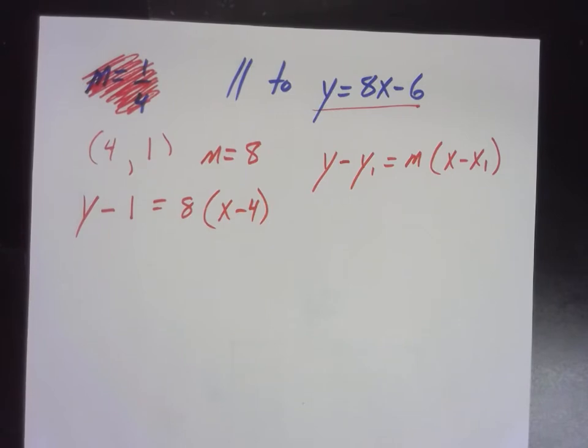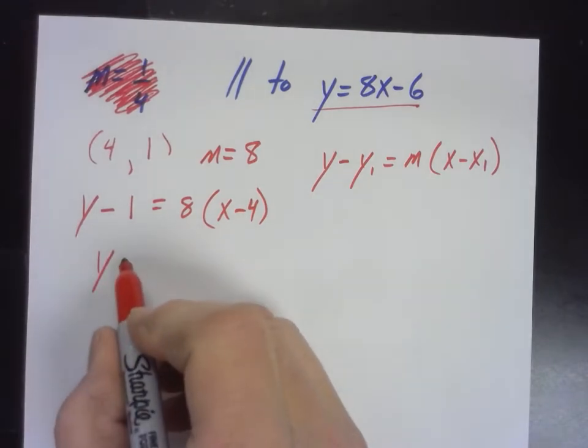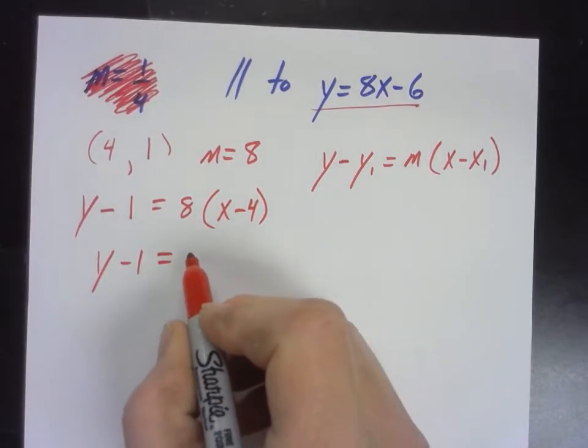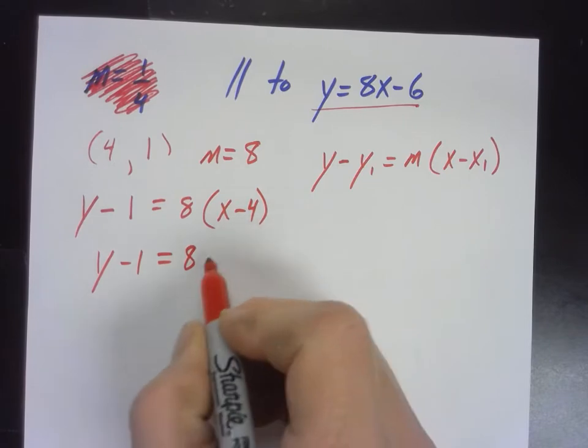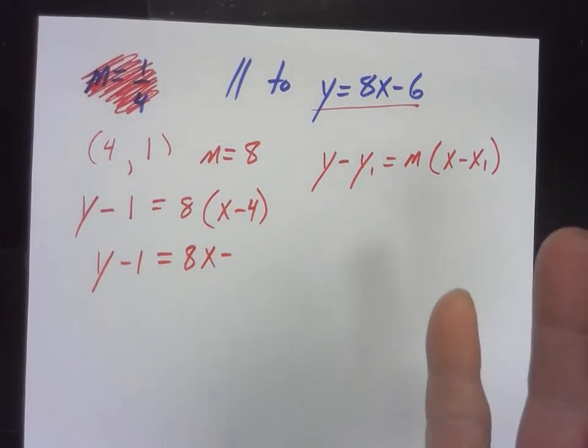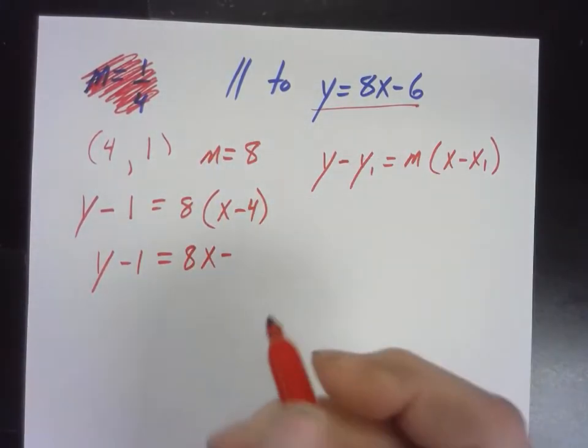And can we take it from this form and change it to slope-intercept form? Could we change it to standard form? Could we change it to double intercept form? Yeah, we could change it to any form we like, but usually we like slope-intercept form. So remember, it's always eliminate the parentheses whenever we're solving an equation. Even if it has two variables, we're going to eliminate parentheses first.